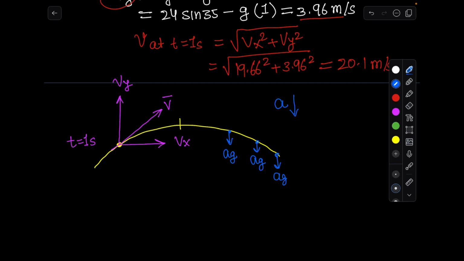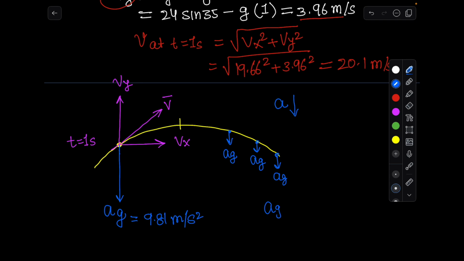Similarly, the AG is working in a downward direction, and this will be G, 9.81 meter per second square.